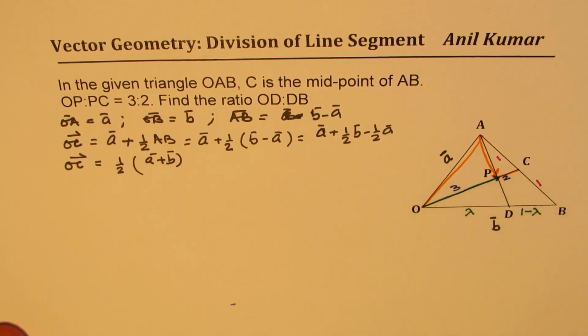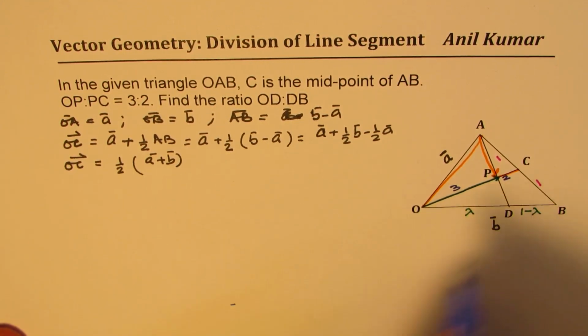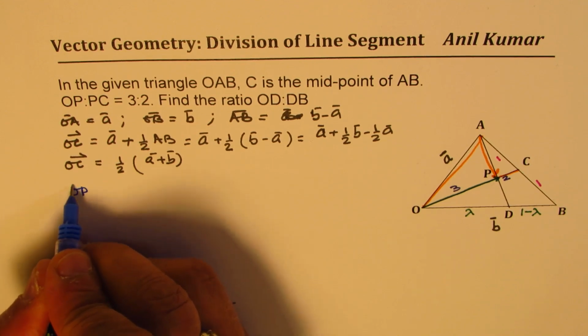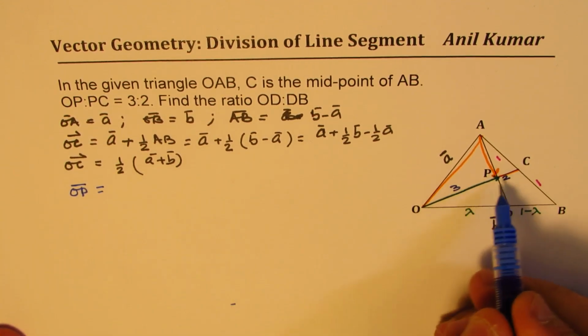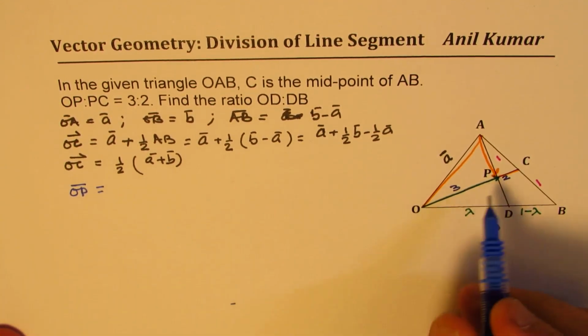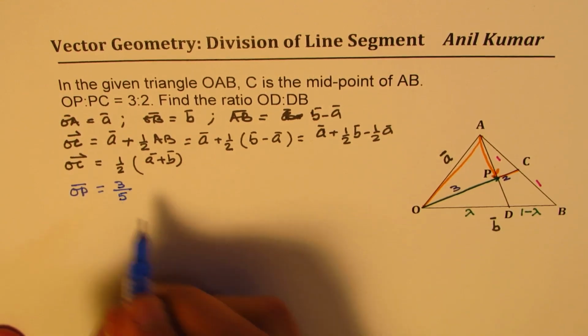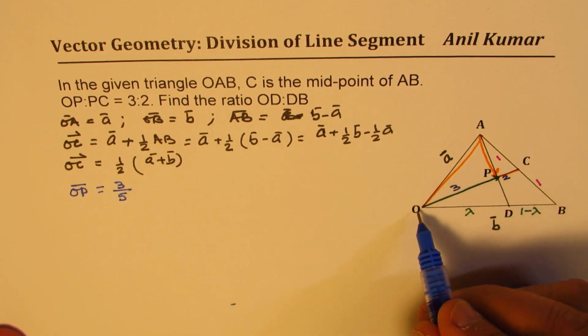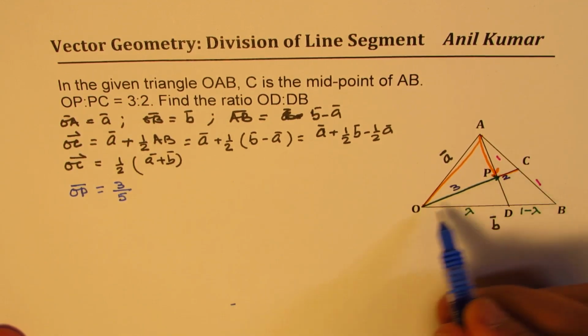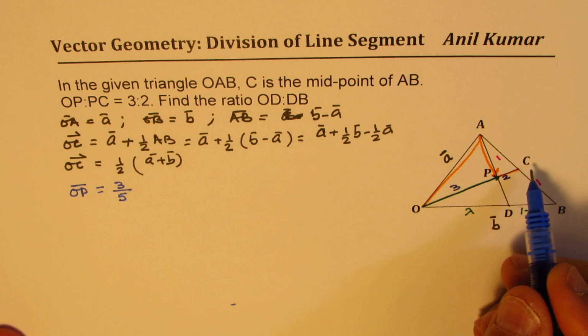Now what is OP? So we got the basics. Let's write down what OP is. Now OP, we are saying 3:2. That means it is 3/5, which is 3 over 3 plus 2. So if we divide into 5 equal parts, OP is 3/5 of OC.